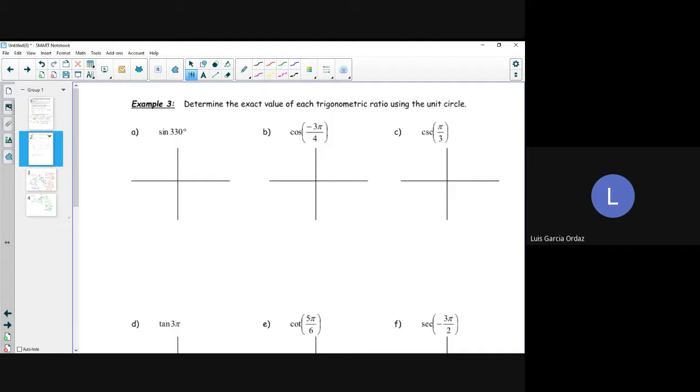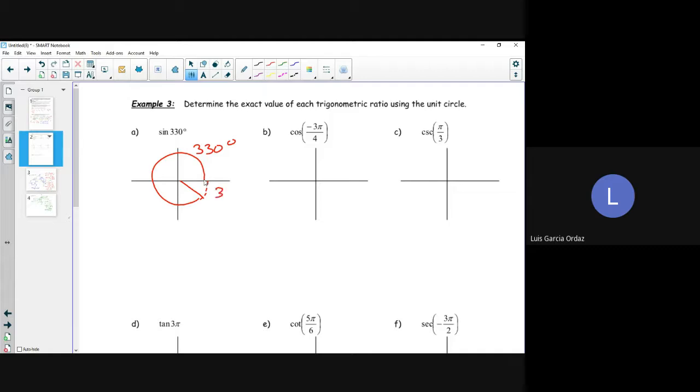So this would be 330 degrees, okay? So how much is left over for us to complete a 360-degree circle? 30, okay?